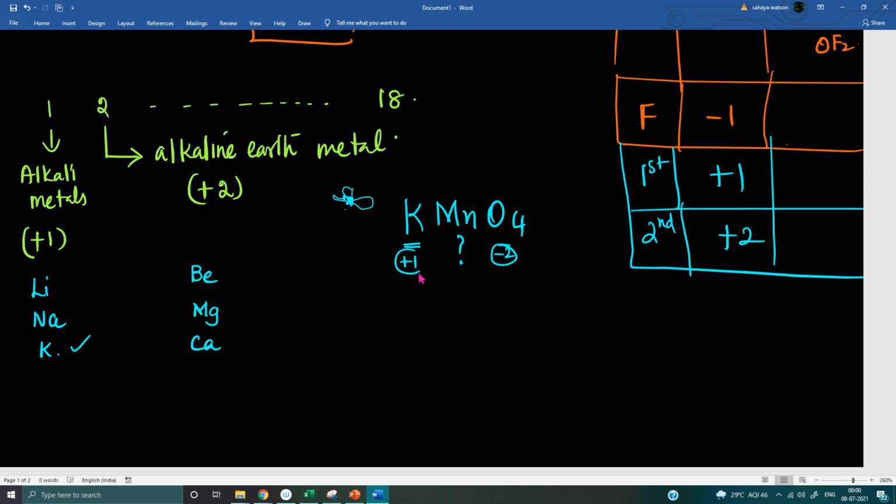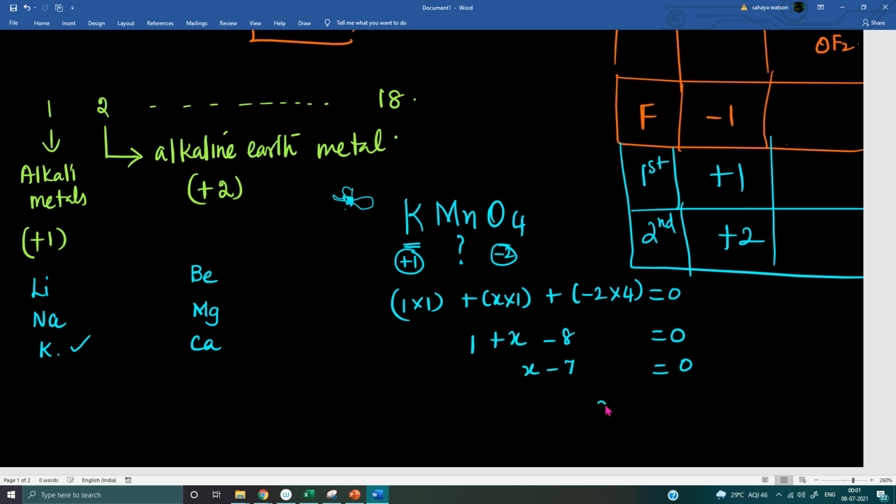Let me substitute: 1 into 1 plus x into 1 plus -2 into 4 equals 0. So 1 plus x minus 8 equals 0, x minus 7 equals 0, or x is equal to +7. So students, don't forget to put that positive sign. +7 is the oxidation number for manganese.